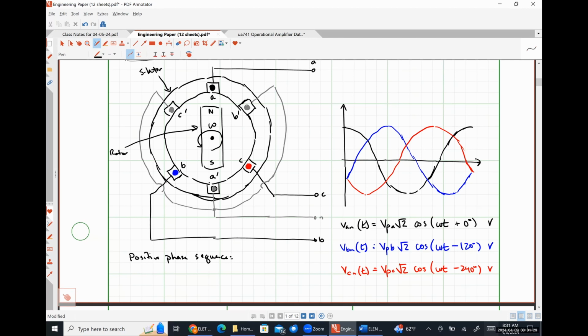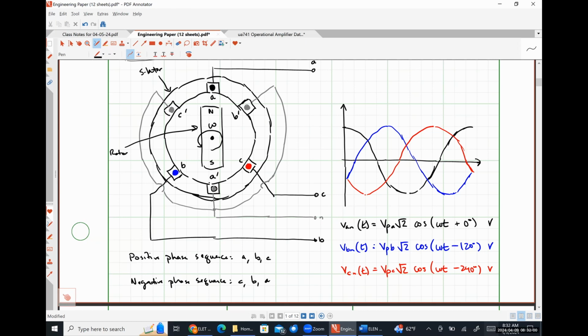So in a positive phase sequence, A hits its peak first, then the B phase, and then the C phase. A negative phase sequence, it would go C hits first, then B, then A. How do you think we would achieve a negative phase sequence? We would simply spin the rotor in the opposite direction.